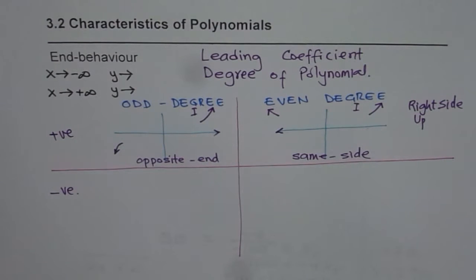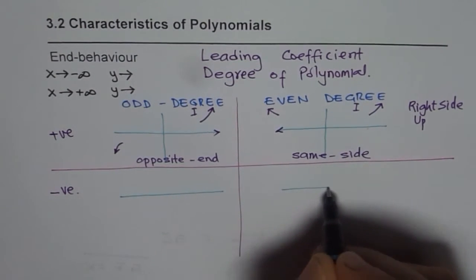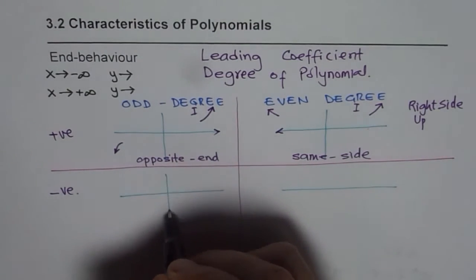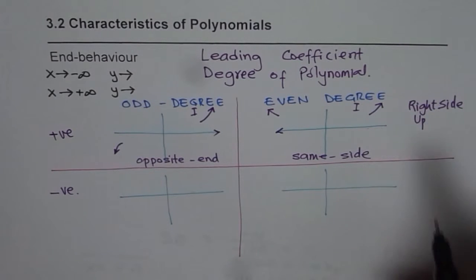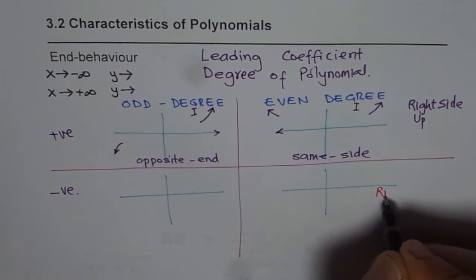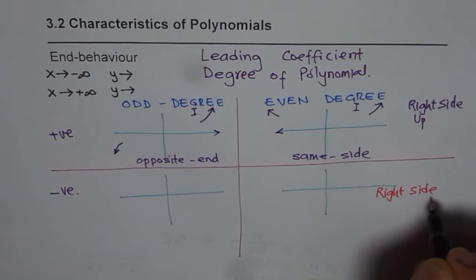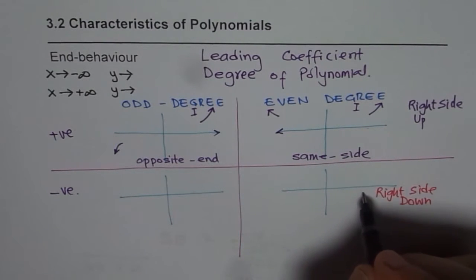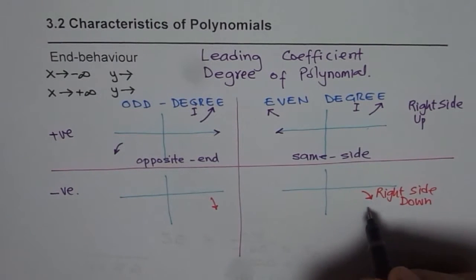Okay, that's clear. Now let's get into what happens when we have negative leading coefficient, right? If the leading coefficient is negative, then right side is down. Then we say right side down. Right side down. That means for both it is ending up in quadrant 4.